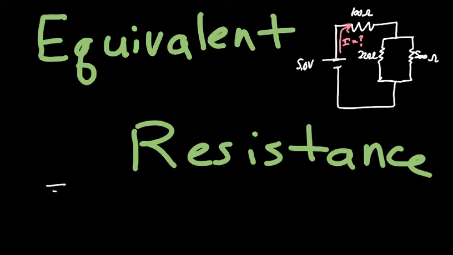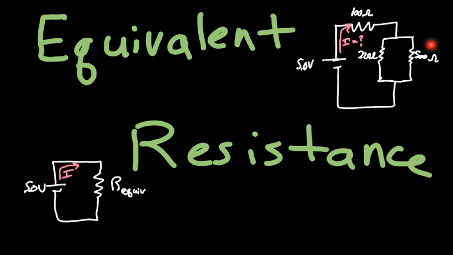Now we could make a simpler circuit that has just a single resistor in it, still the 5.0 volts, and we have some resistance that we'll call R equivalent, the equivalent resistance there. The thing that makes it equivalent is that the current coming out of the battery is going to be the same as it was when we had this more complicated setup. So our goal now is to figure out how we determine what this equivalent resistance is going to be for different types of circuits.